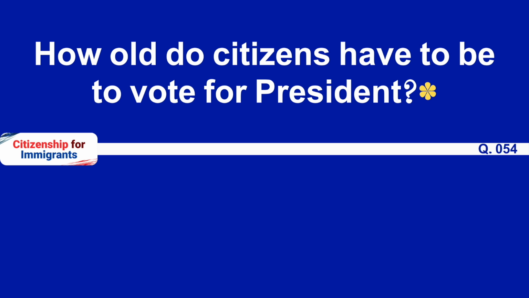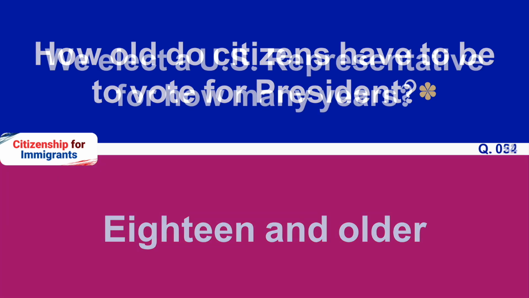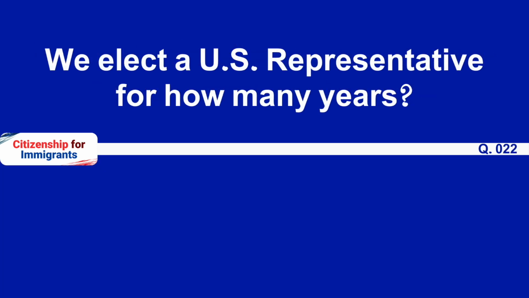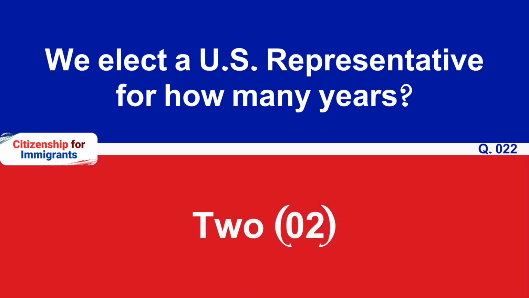How old do citizens have to be to vote for president? 18 and older. We elect a U.S. representative for how many years? 2.